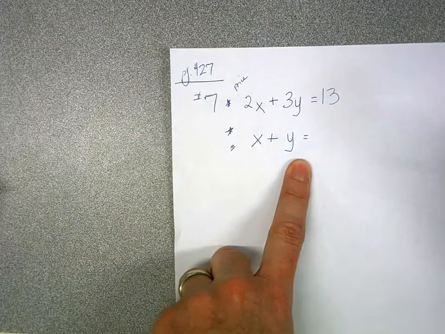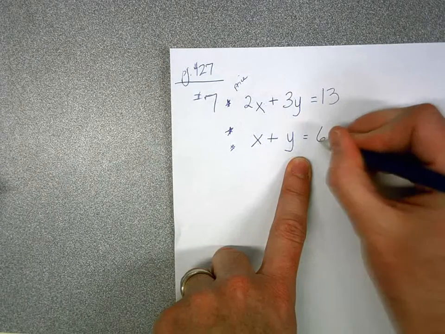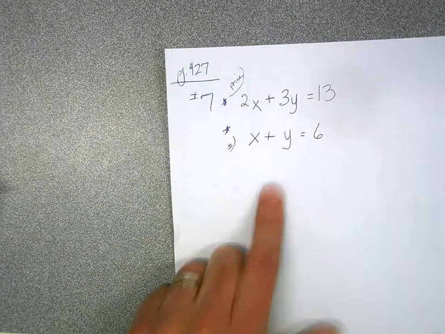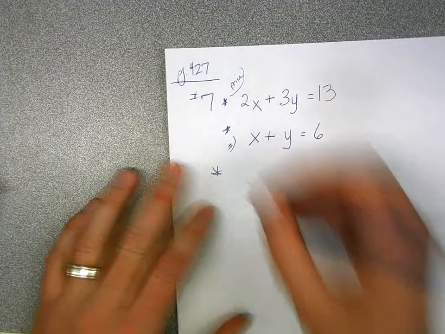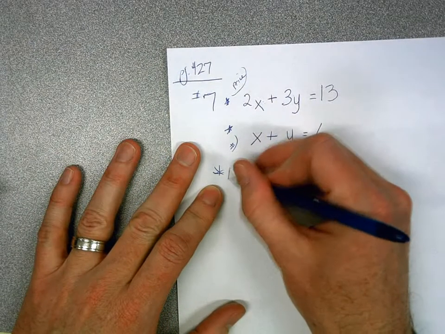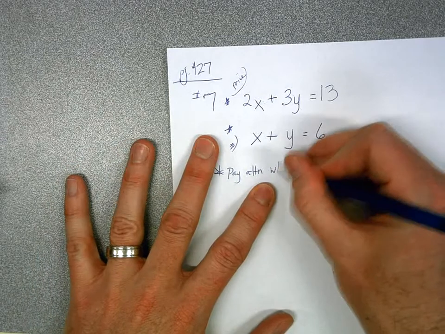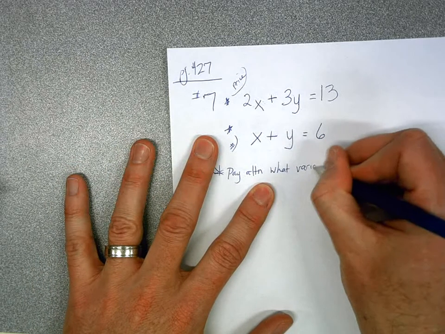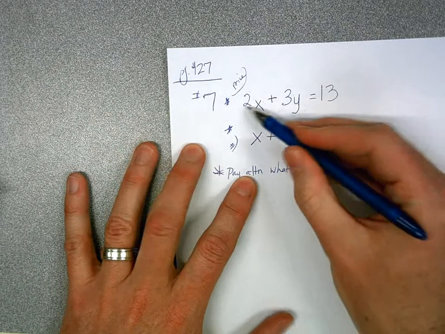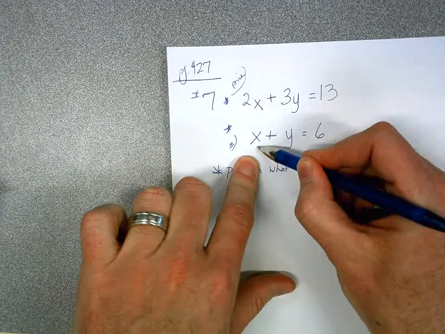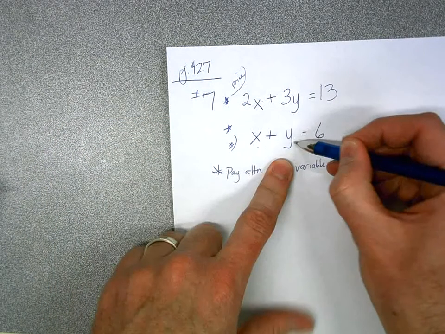Equal 6 cards. Okay, I'm going to put a little star down here. Pay attention to what your variables are, ladies and gentlemen. Right here, this is the number of $2 cards. This is the number of $3 cards. It will mean the same in both.